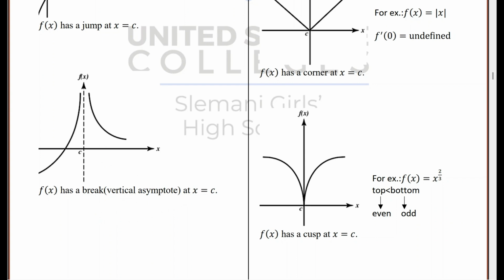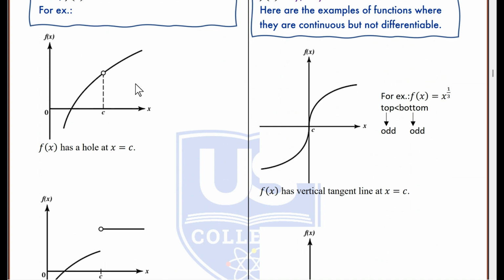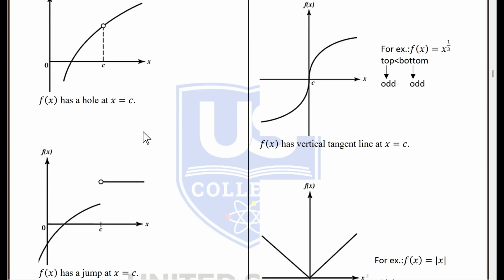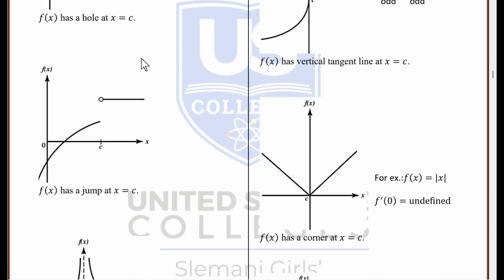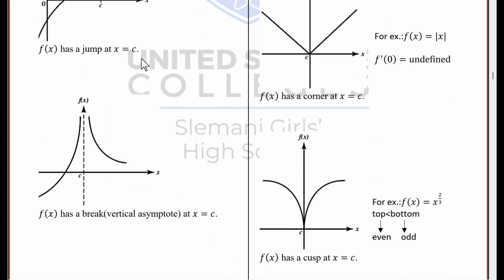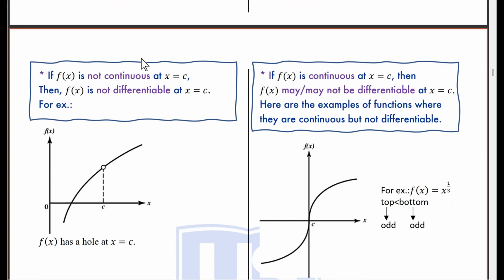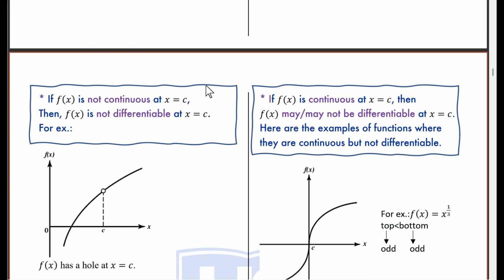So these are the situations where the function is discontinuous, having a hole, jump, or break. In other words, the function being not defined, the limit does not exist, and so on. So these are the situations where the function is not continuous, so it's not differentiable at that point. We have other conditions too.